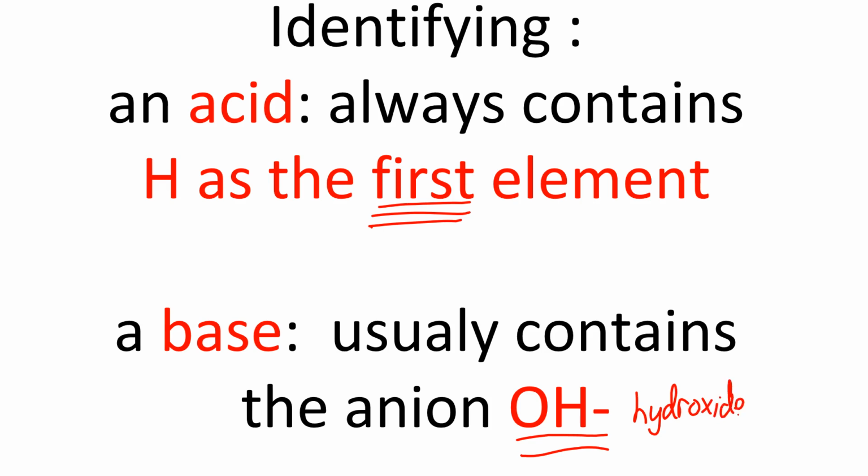Now, three main classes of compounds, well, there's more than three, but three that you're going to hear me talk about by name. I'm going to call something either a salt. That's an ionic compound that just contains a metal and a nonmetal. I'll say a base.